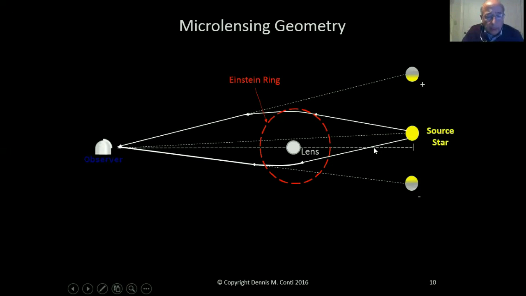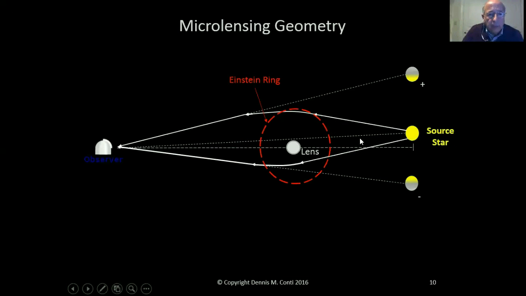Okay, now let's add a little mathematics to this geometry here. The angle between the direct line from the observer to the lens and our observation of the source star is theta s.